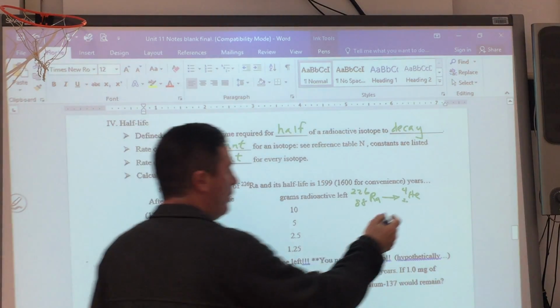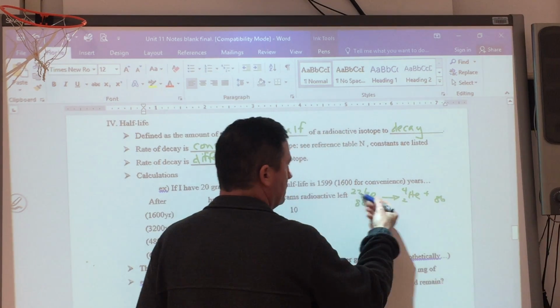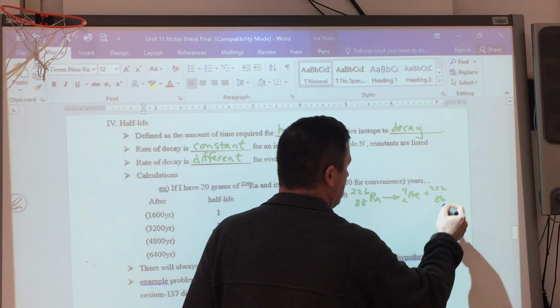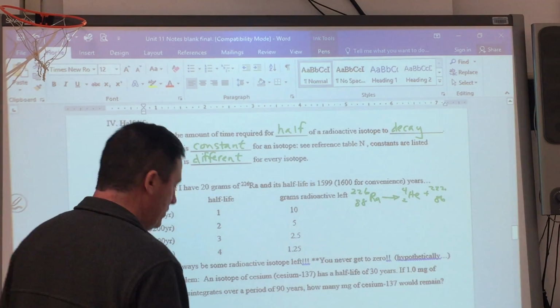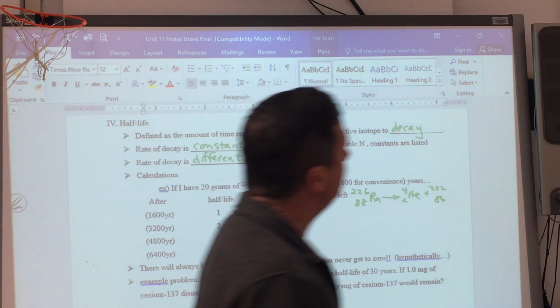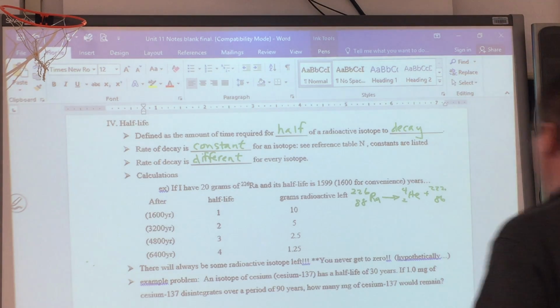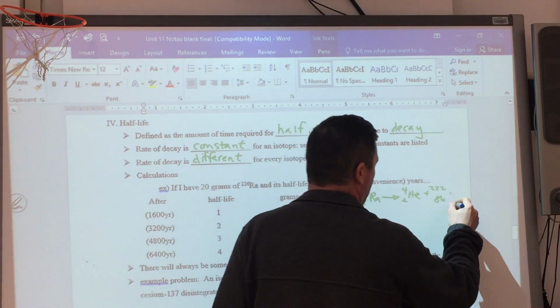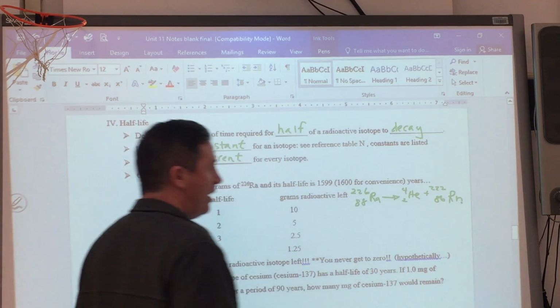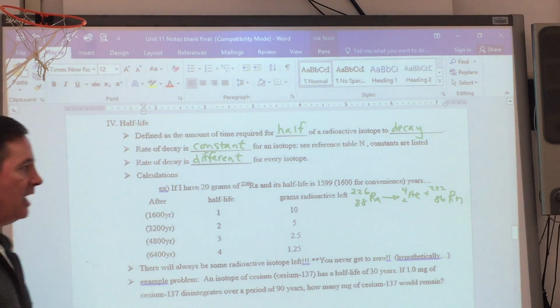And now I can figure out what it decays into. This is 86. This is 222. And 88 into an 86. 86 is radon. Rn. Okay? So you should be able to do that with almost anything as long as it's on that table.